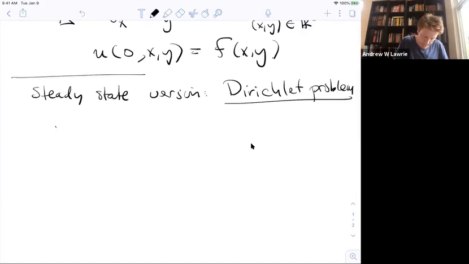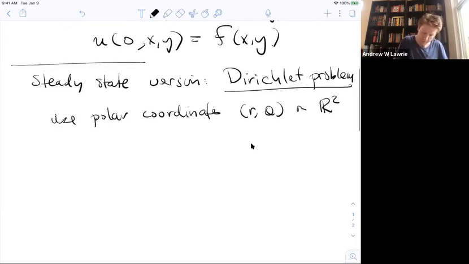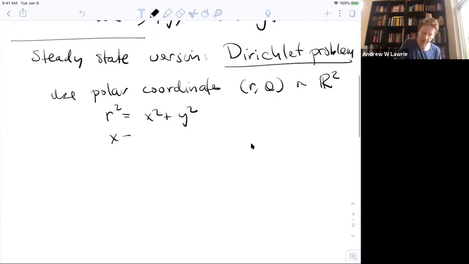So we're going to use polar coordinates r, theta on R2. So r squared is equal to x squared plus y squared, x equals r cosine theta, y equals r sine theta.